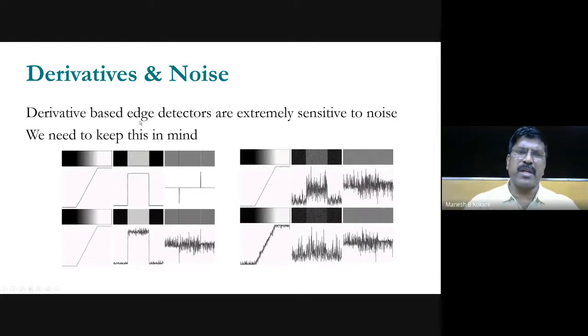So derivative based edge detectors are extremely sensitive to noise, and we have to keep this in mind. Definitely we have to develop a method which will remove the noise first, and after that we can detect the edge.